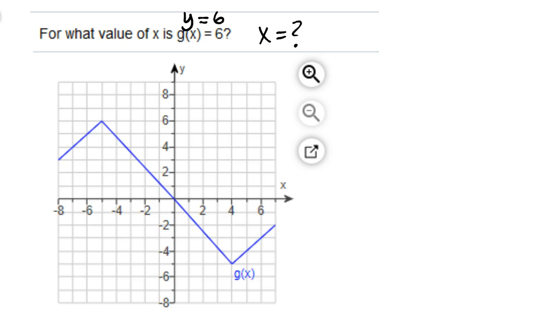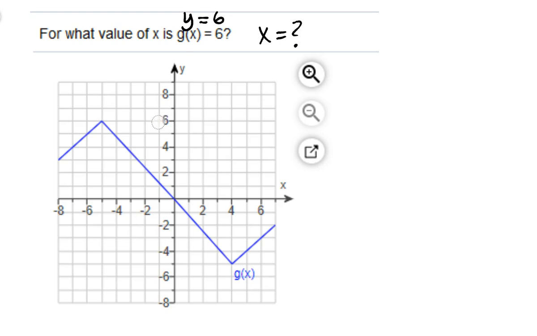So we're going to take a look at our graph, and we're going to be looking for when y equals 6. So we've got our y scale here. That's the vertical scale. And we're looking for when y equals 6. So here I have y equals 6 on the vertical scale.